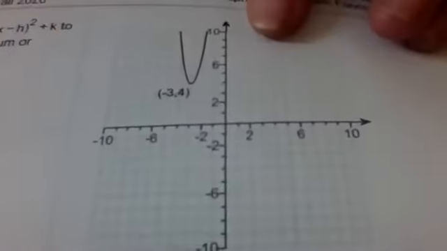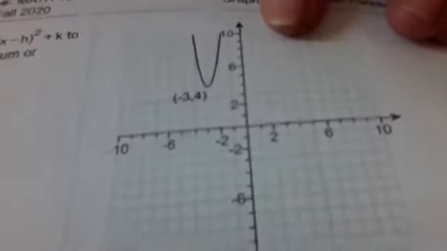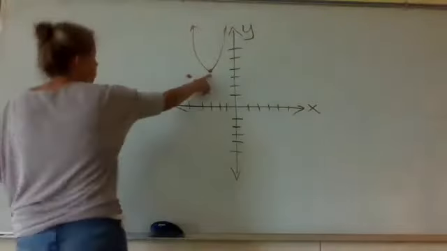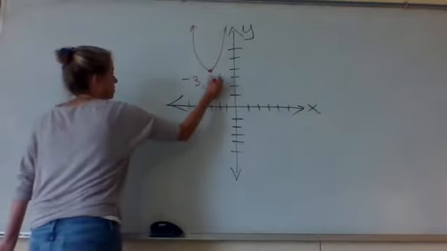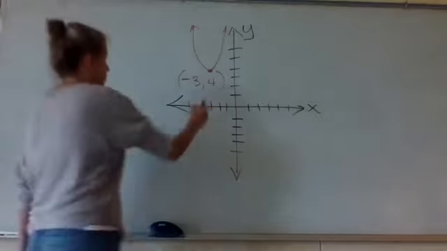Again, I'm just reproducing the graph of number 1. Look what it says that point is. It's naming the vertex right there. It's telling you what it is. It's saying the vertex is at -3, 4. So this point right here, it's saying is at -3, 4.